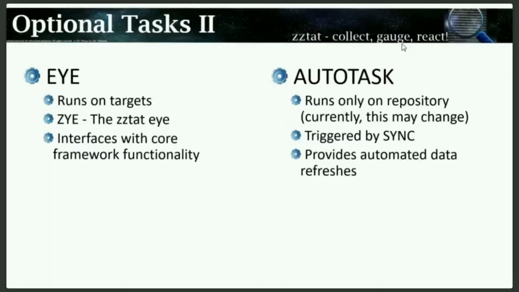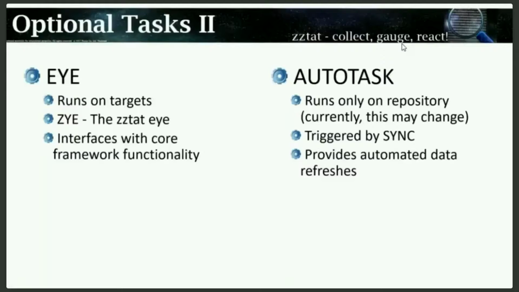Right, then we have Autotask. Autotask is also a somewhat newer addition to the team of zztat processes, and it currently just runs on the repository, and it basically deals with tasks which are not metrics or related to metric data directly.